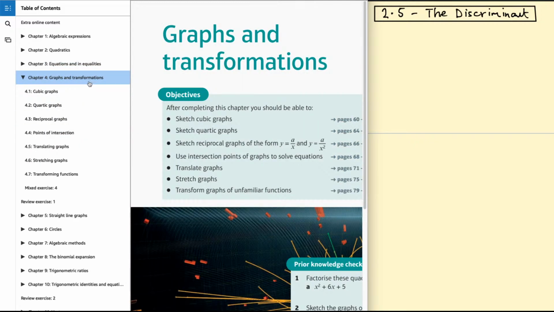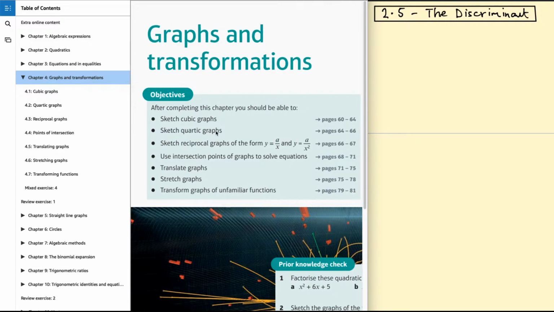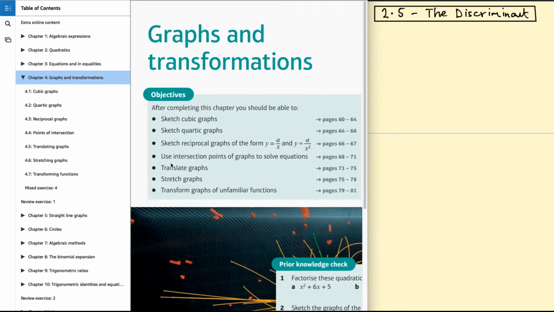For example, in graph transformations, you talk about translating graphs in GCSEs, but we don't talk about stretching graphs. So that's introduced in A-levels. It's a topic you're already familiar with, and then we're just adding a little bit extra.